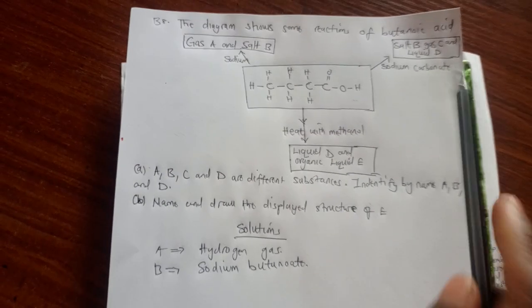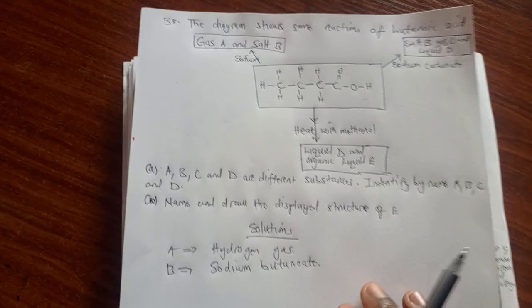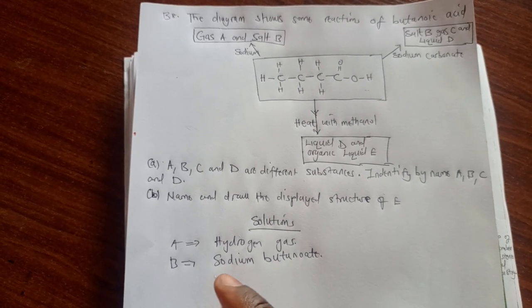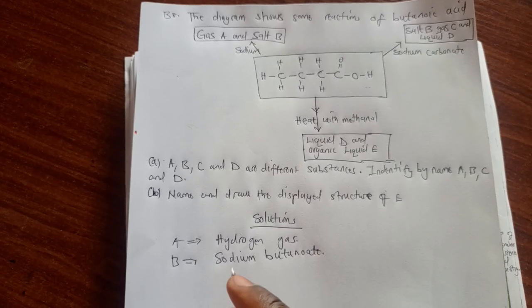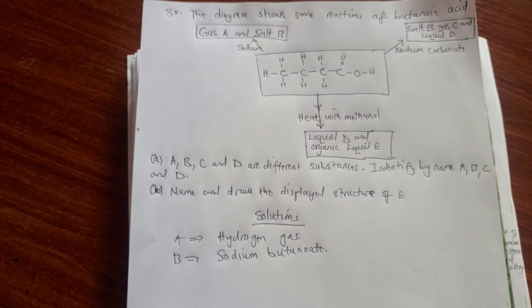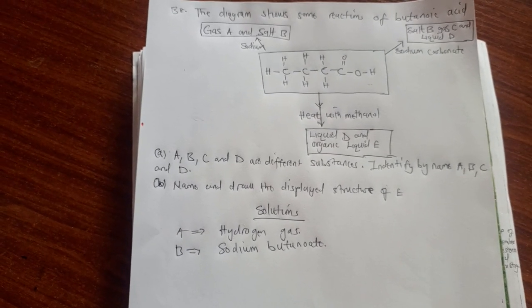Now gas C. Here it is very simple. Whenever a carbonate reacts with an acid, it will produce a salt, water, and a gas, which is carbon dioxide.